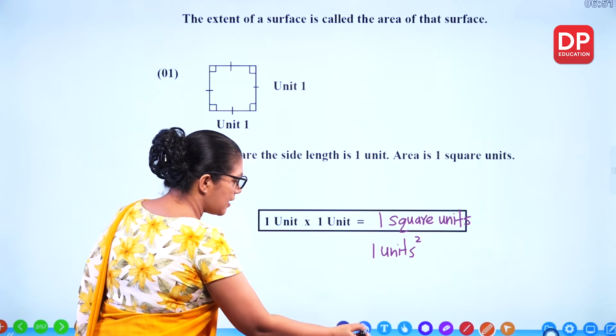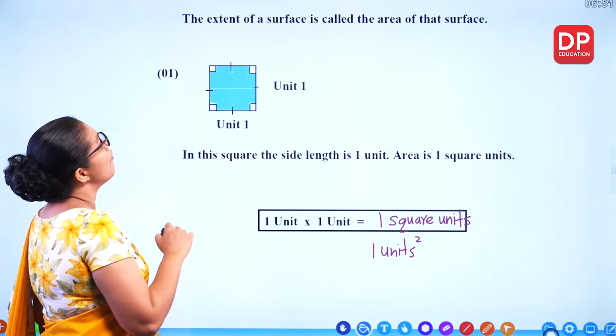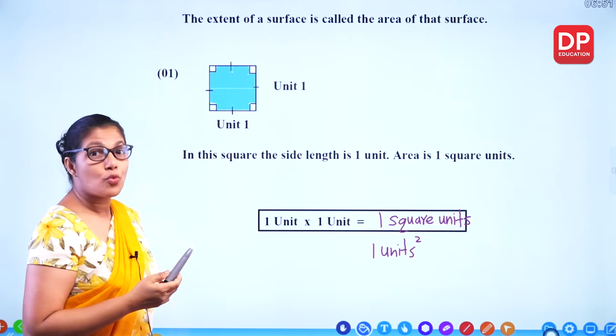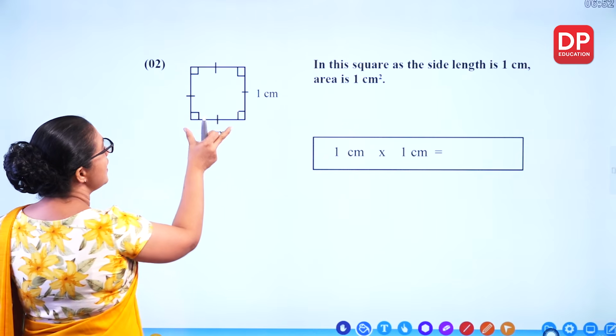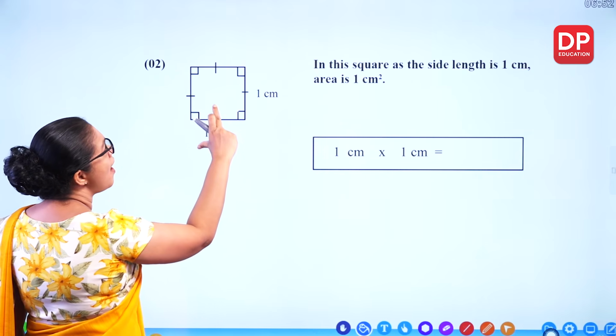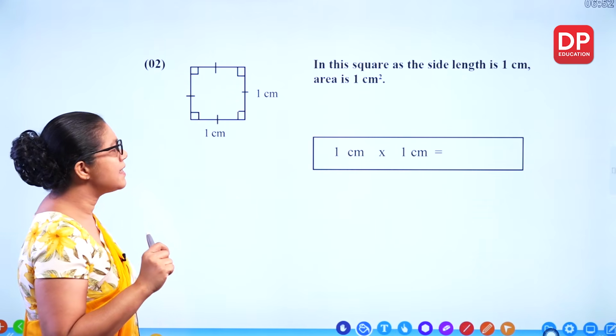So we get the area of this square. If the length is 1 centimeter, what's the area of the square? We say 1 into 1 centimeter, 1 square centimeter.